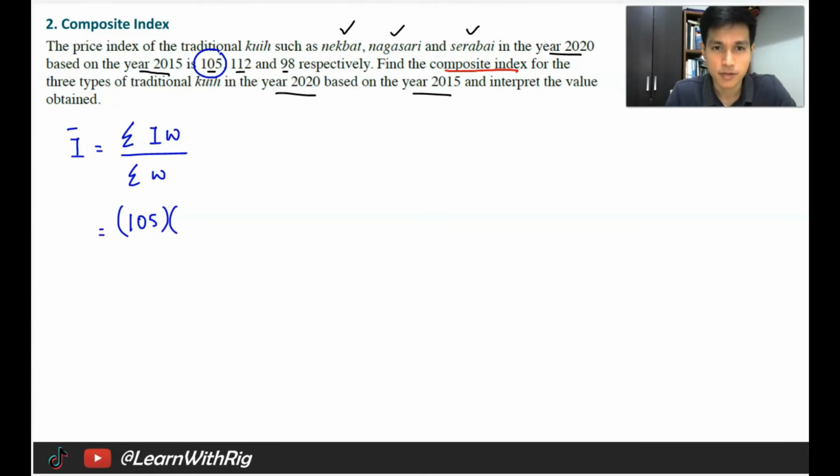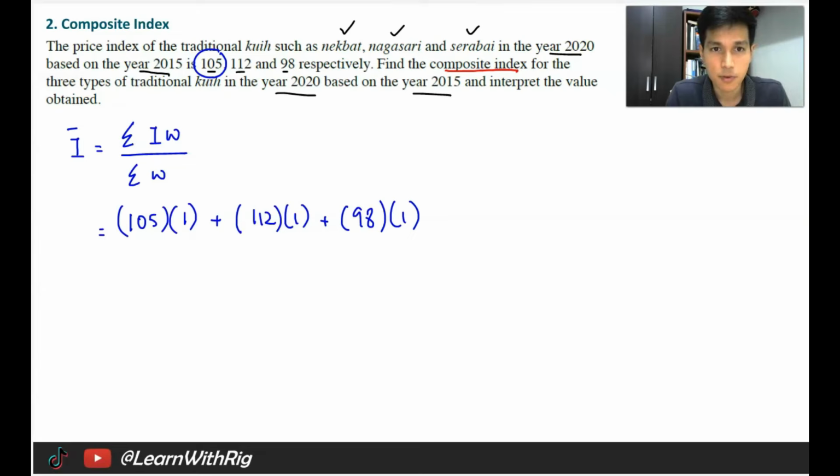So I'm just going to put 1. Because we are only comparing one kueh of each, we just put 1. So 105 times 1 plus 112 times 1 also. Okay, and the last one is 98 times 1.